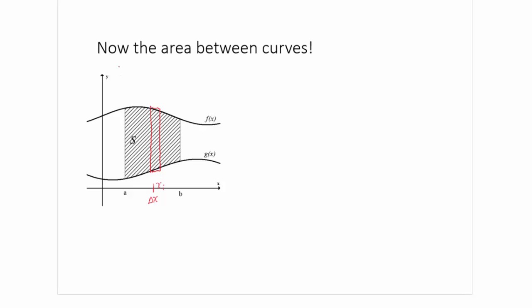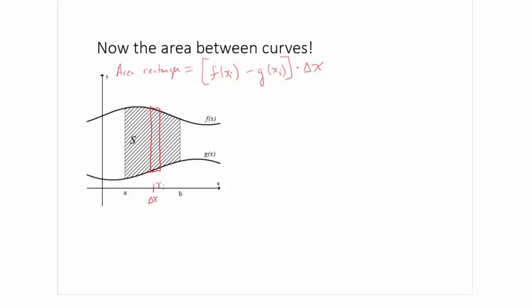But now I couldn't just think of f of x evaluated at x sub i. Now I've got to find that difference. So the area of the rectangle is going to be f of x sub i minus g of x sub i, but still times the delta x.